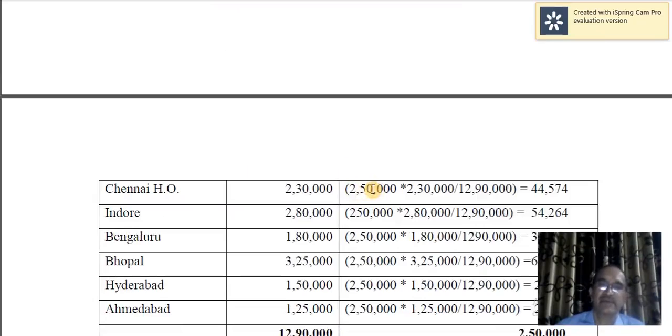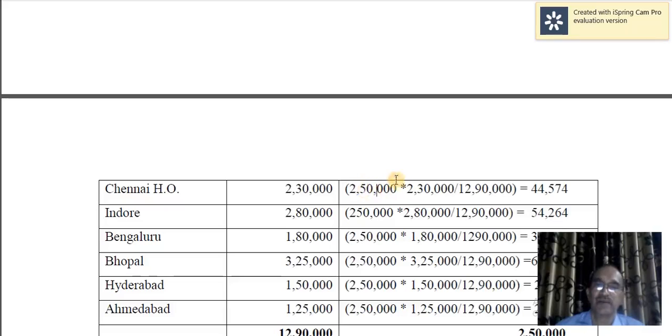See, 2,50,000 is the total input tax. Okay, now this is to be distributed among all the 6 offices. So turnover of that office, that is HO, to the total turnover should be calculated.